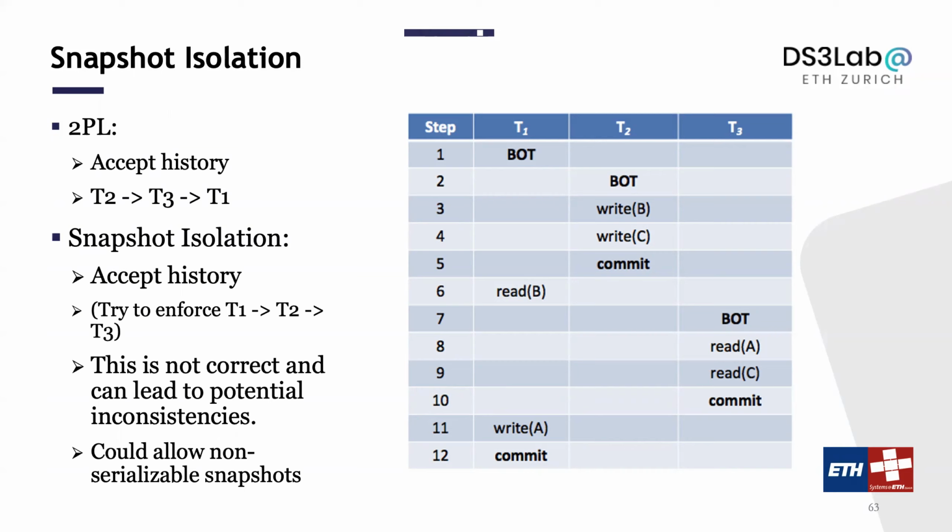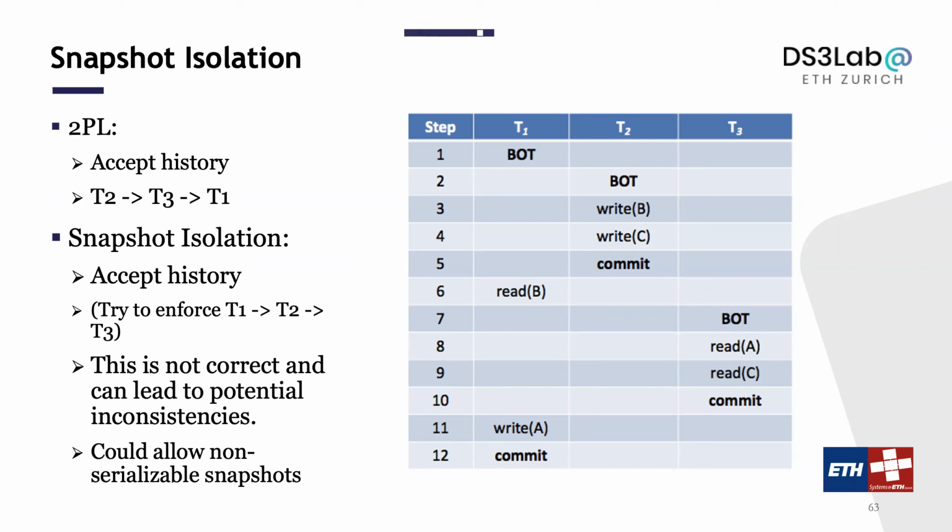That tells us something very important: snapshot isolation, as good as it looks, at least in the current protocol, does not enforce serializability. This is a very concrete example. Go back home, read this example, and you can see why snapshot isolation does not necessarily enforce serializability.